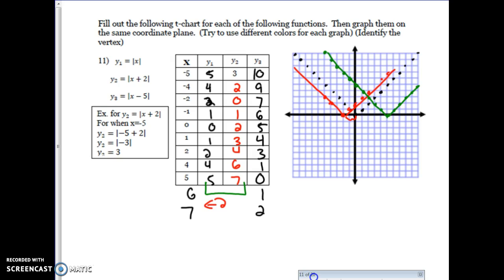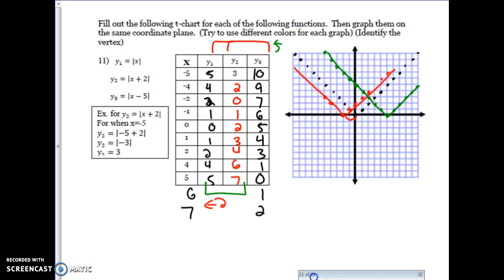Now let's deal with the other one, y2 to y3, or y1 to y3. What happens there, guys? So it looks like each point is going to the right 5. So if I were to look here, I'm going 1, 2, 3, 4, 5 to the right.